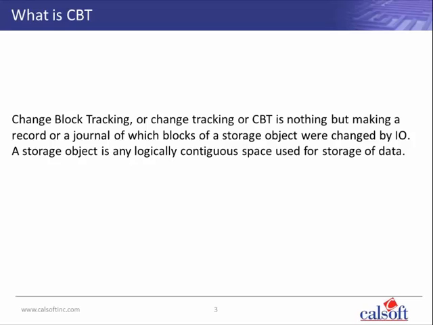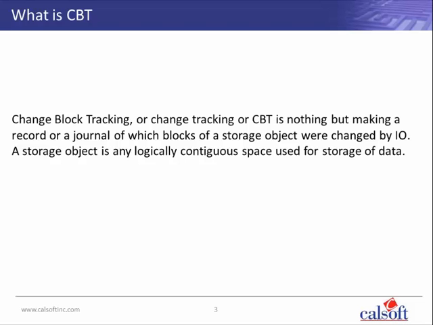So what is change block tracking? Change block tracking, or change tracking, or CBT in short, is nothing but making a record or journal of which blocks of a storage object were changed by I/O. A storage object is any logical contiguous space used for storage of data. For example, we have files, raw devices, LVMs, virtual machine disks, Windows volumes, even RAID volumes. They are all storage objects.